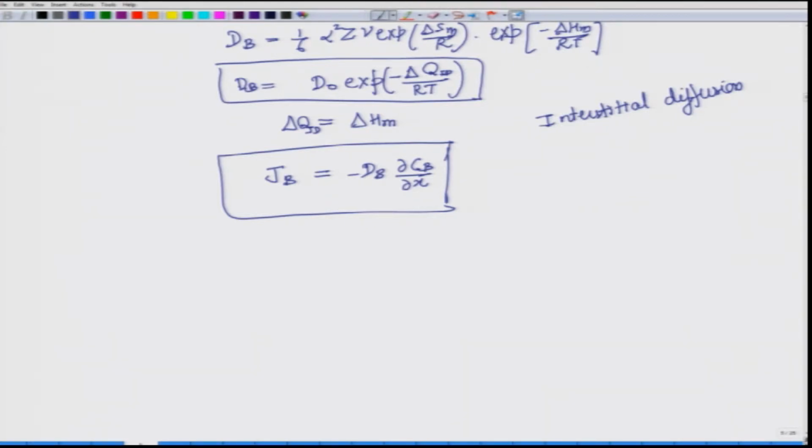The flux is proportional to the negative of the concentration gradient, with a proportionality constant. This proportionality constant has a thermal component and an athermal component. The activation energy is related to this dB, and when we separate the entropy term and the enthalpy term, this is how the relation would look. Now, let us look at two different conditions for this: one is steady state and one is non-steady state diffusion.